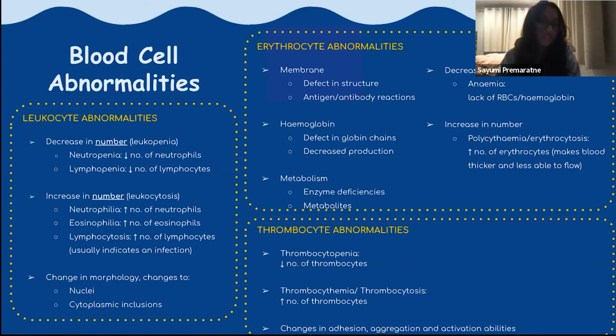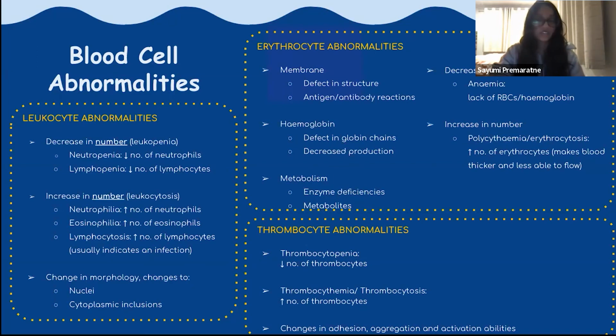You can also have changes to the morphology. So you can have changes to nuclei and also the substances that are within the cell. Changes to cytoplasmic inclusions, which is the substances inside the cell, can be quite problematic to the function of the cell. There are a few cells that are granulocytes, so they produce substances inside them and release them, and that's a part of their function.